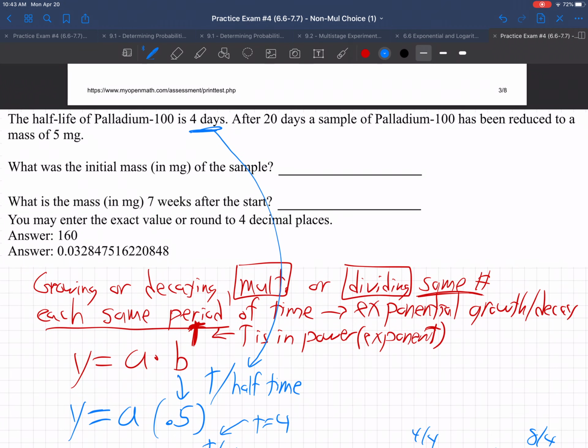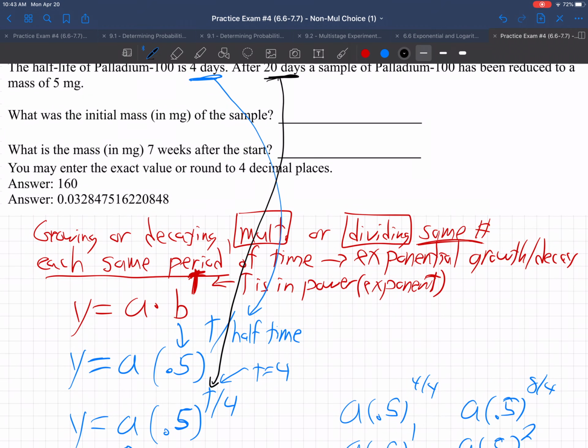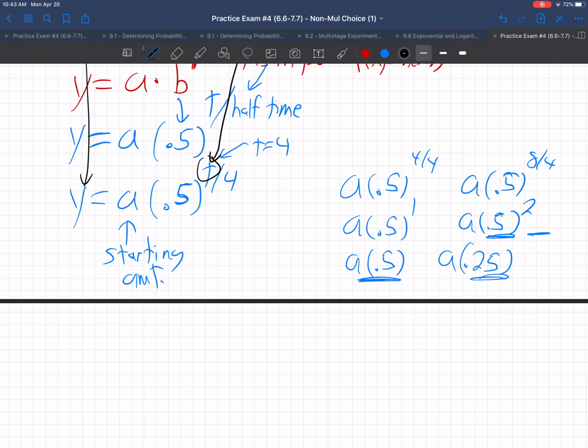What are they saying to us? They're saying after 20 days, so that means when t is 20, it was reduced to 5 milligrams. The amount was 5 milligrams. Yeah, 20 days later, the mass was 5 milligrams.